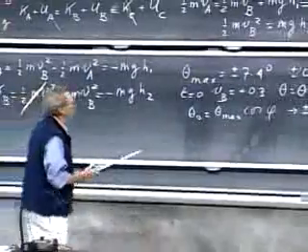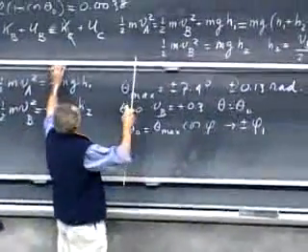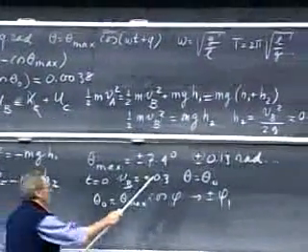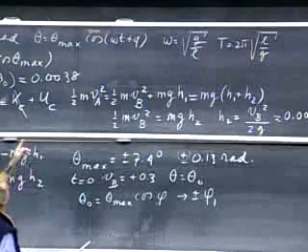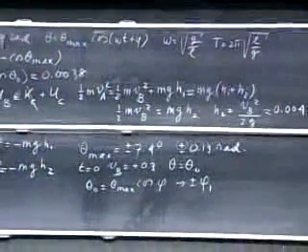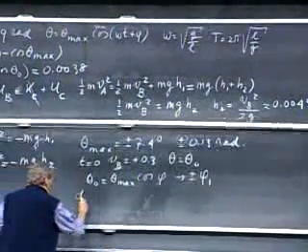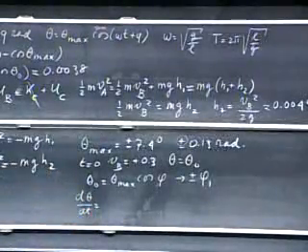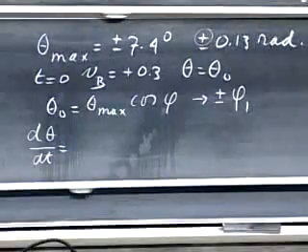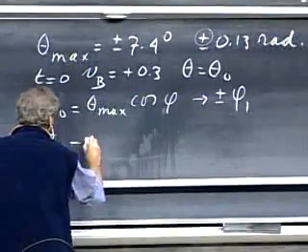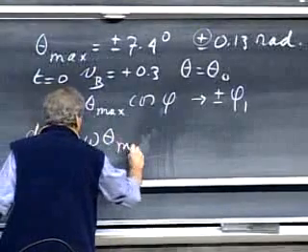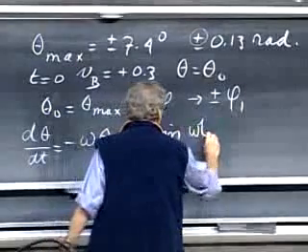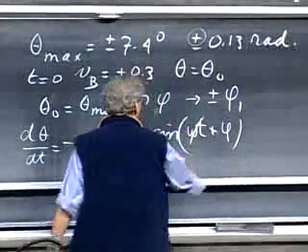And so now I have to take into account the fact that at t equals 0, I know the velocity vb. And how does that come in? Well, I take the derivative of that equation there, and so I get that d theta dt, which is the angular velocity in radians per second at any moment in time, but we're going to evaluate it at t equals 0, equals minus omega theta max times the sine of omega t plus phi, evaluated at t equals 0.